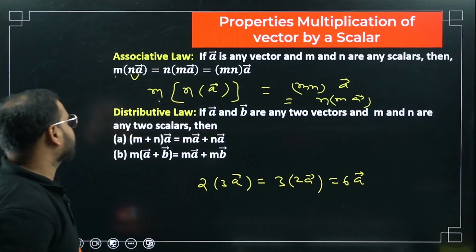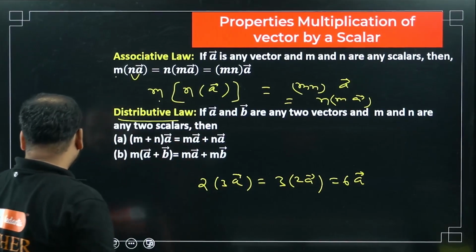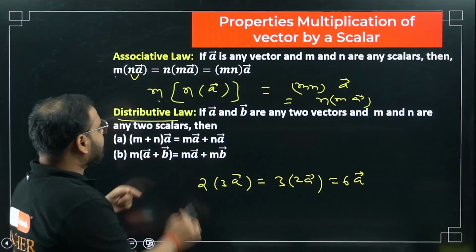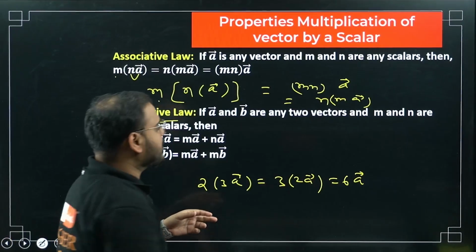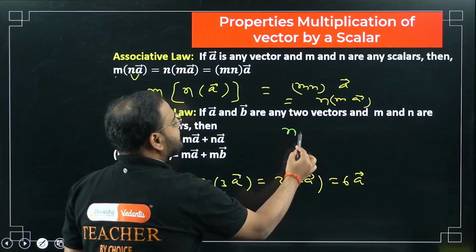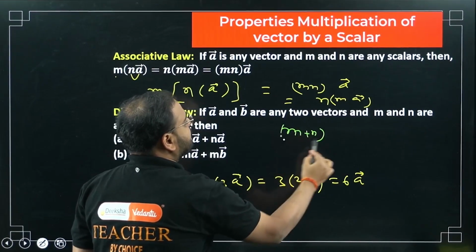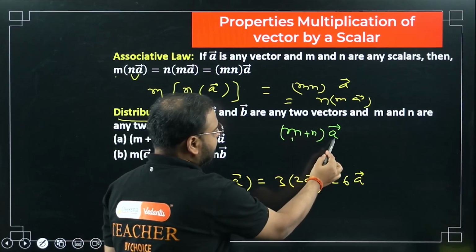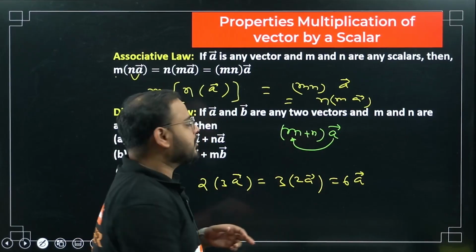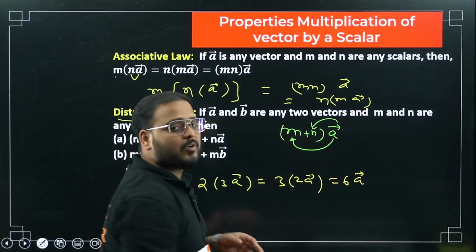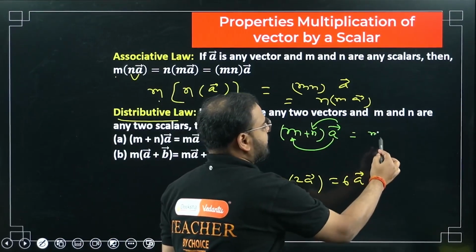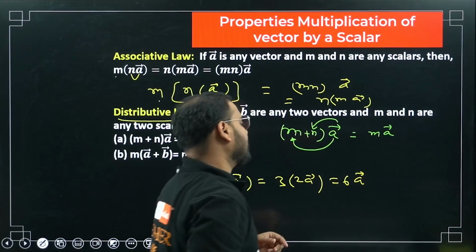Moving on, distributive law. In this case, the vector can be distributed over the scalars also. Please have a look. If you distribute it like this, m plus n times the vector a, I multiply vector a with m first, and next the vector a with n. It means the vector is distributed over the scalars.